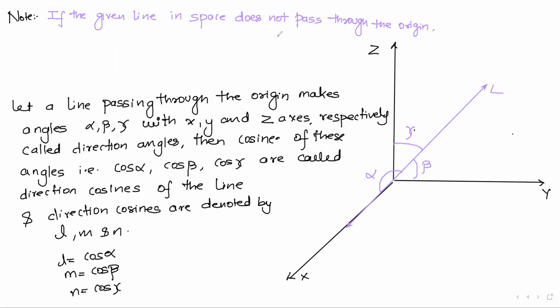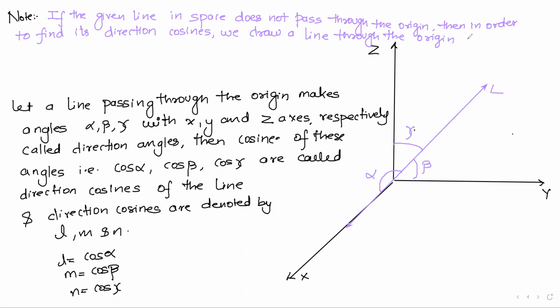If the line does not pass through the origin, then in order to find its direction cosines, we draw a line through the origin and parallel to the given line.